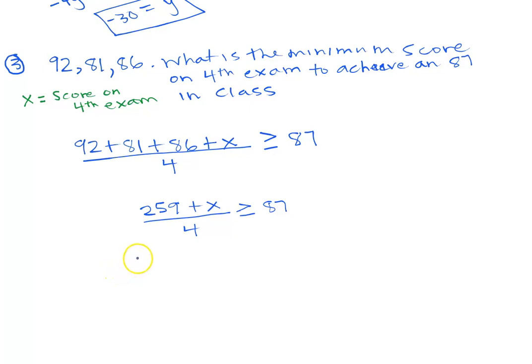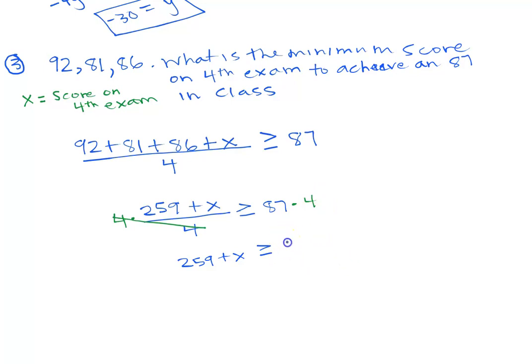Multiplying both sides by 4. Yeah, why are you going to multiply by 4 on this? To take away the fraction. Yeah, we want to get rid of that fraction, and we're dividing by 4, so to undo that, we'll multiply by 4. And then that will be gone, right? So on the left side, I'll be left with 259 plus x is greater than or equal to, what's 87 times 4? 348.